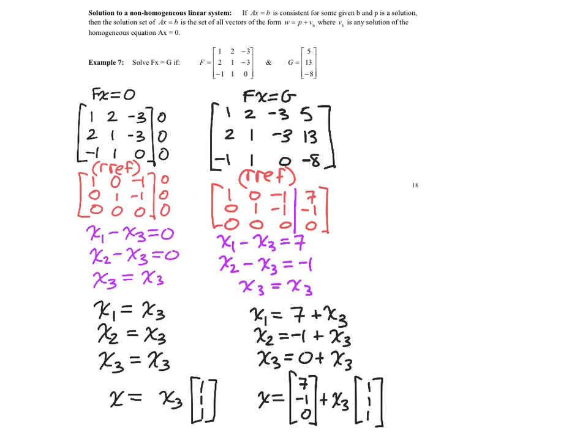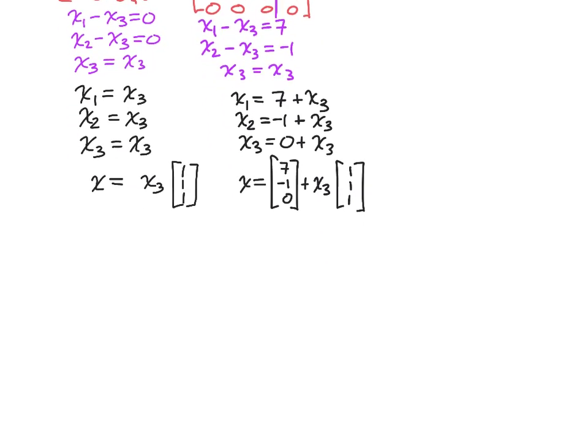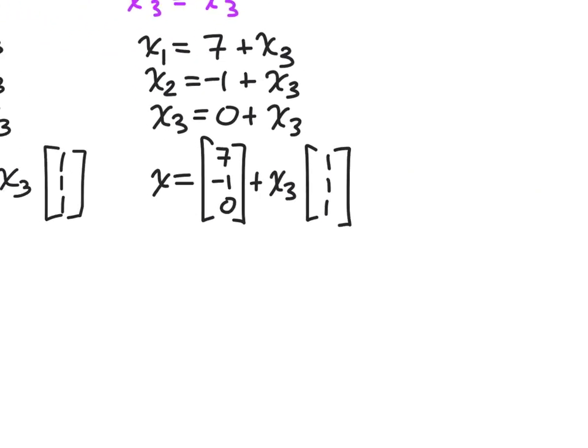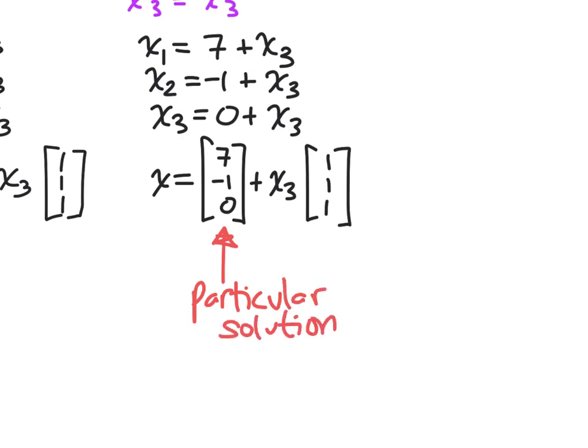So one part of it is going to be the particular solution, the P part of the equation. And then this part here takes on a different form. It's the solution to the homogeneous system.